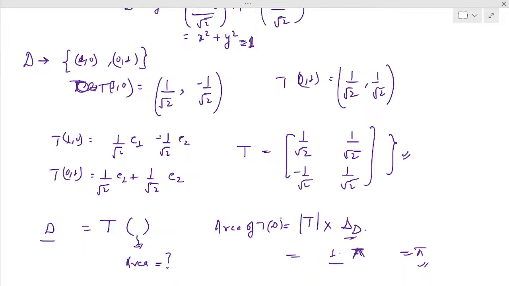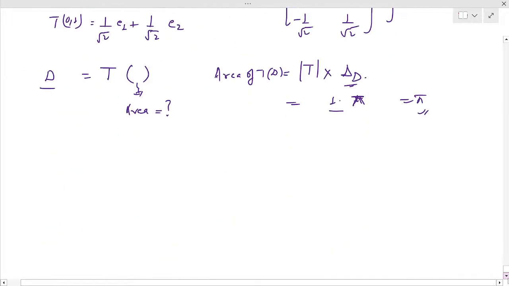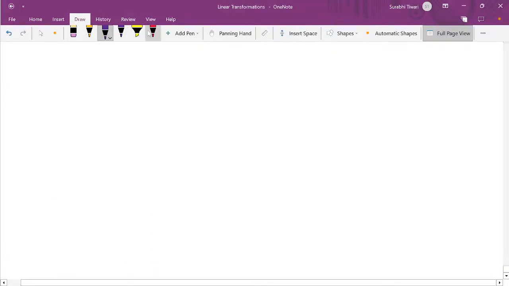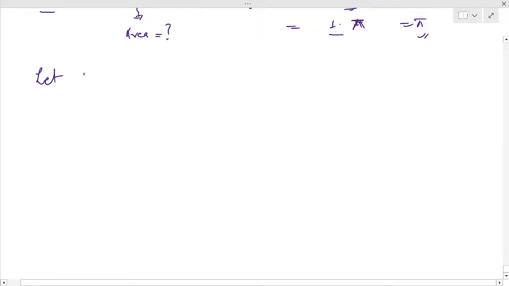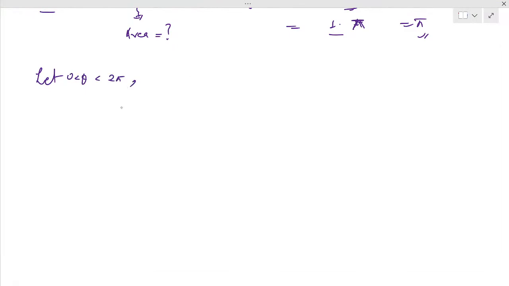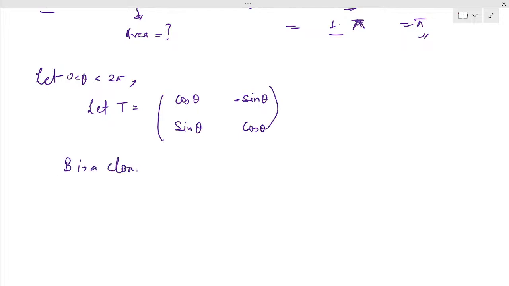This is quite easy to see. I mean, this is how you can do it very fast. So let's say I'm giving you just an example. Let us say I give you this question: let theta belong to 0 to 2 pi, and let T be equal to cos theta, minus sin theta, and so on. And say B is a closed unit disk.